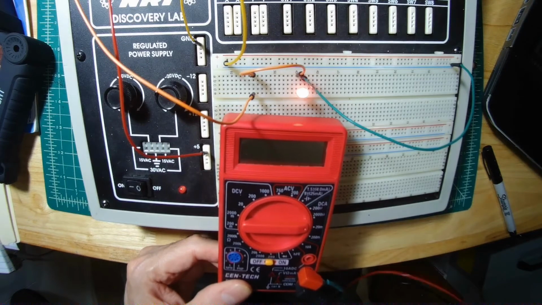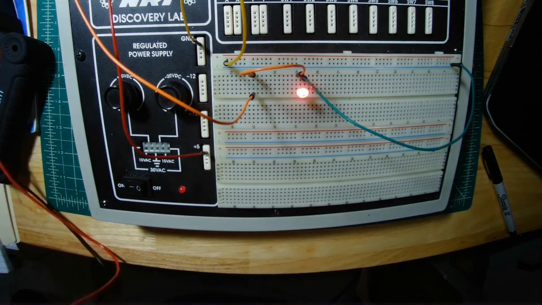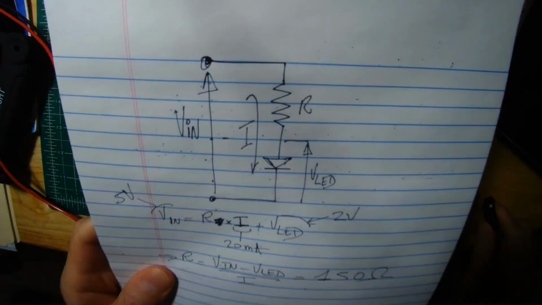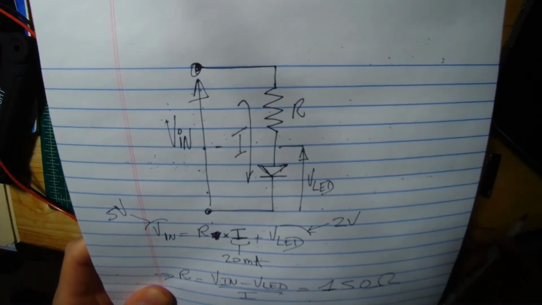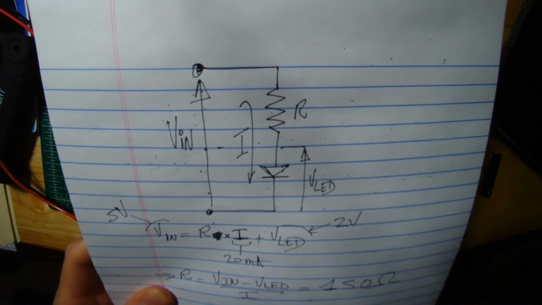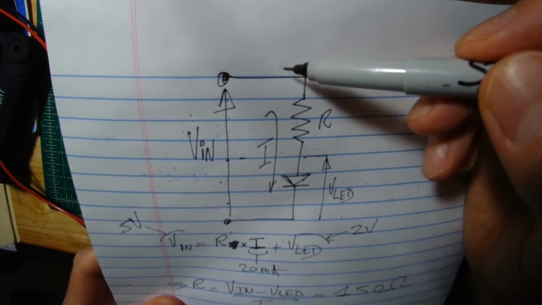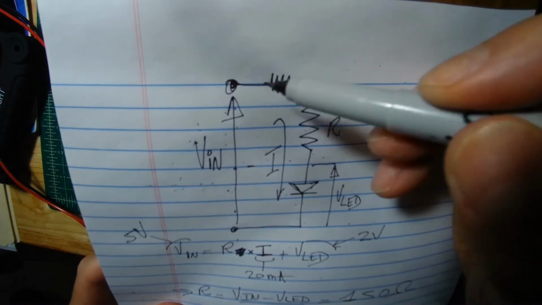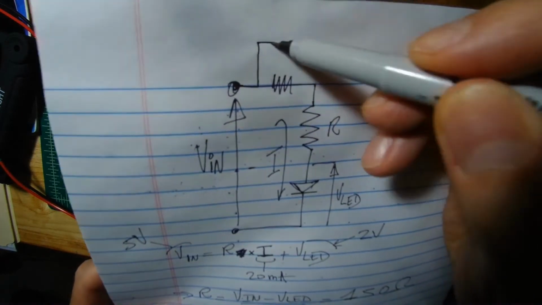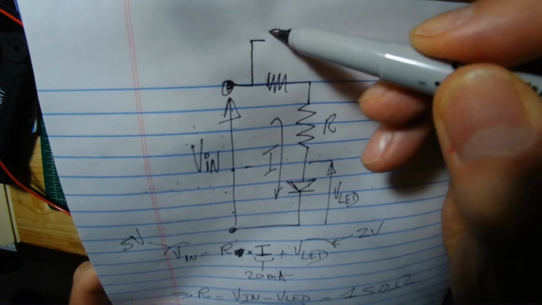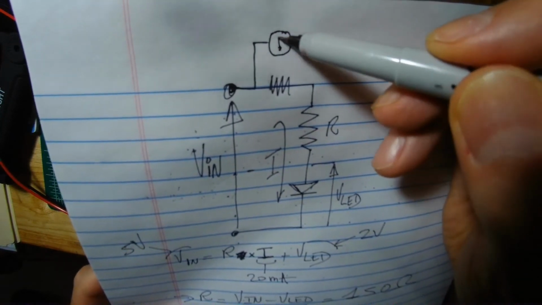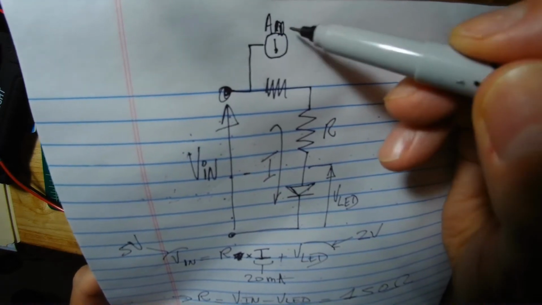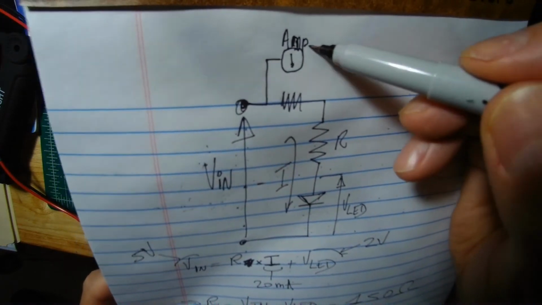And then, this you have to put in line. So what am I gonna do? Let's go back to this super duper schematic, and I'm gonna break this and put my meter, the amp meter, here.